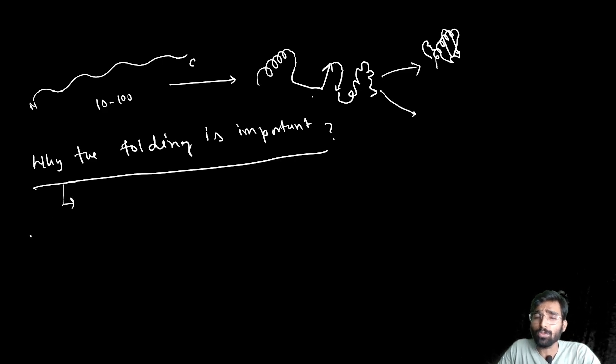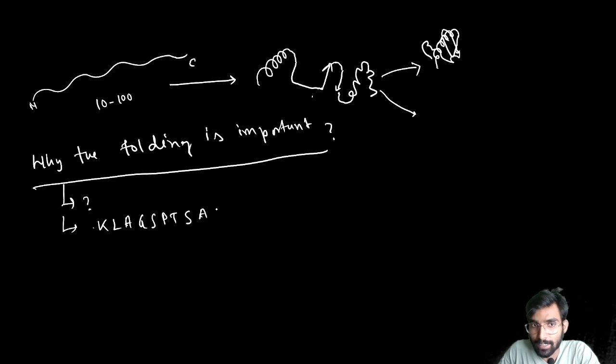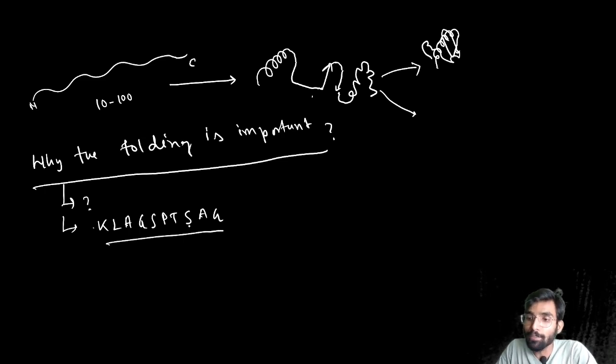What do you think, why is the folding important? So first thing, does the folding depend on something? Yes, the folding depends on something. What is that? We will see later. Second thing is, is folding responsible for the function of a protein? Of course. Suppose you have 10 amino acids, K, L, A, G, S, P, T, S, A, G, but you can make multiple folds, and with the same amino acid sequence you can generate different scaffolds that will perform different functions.